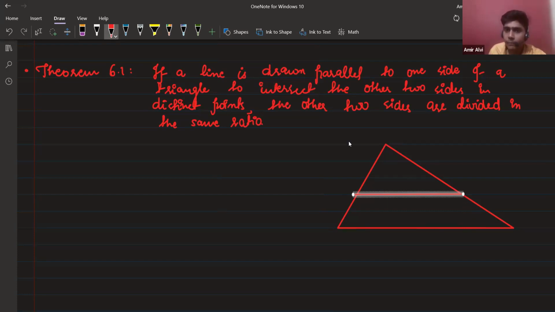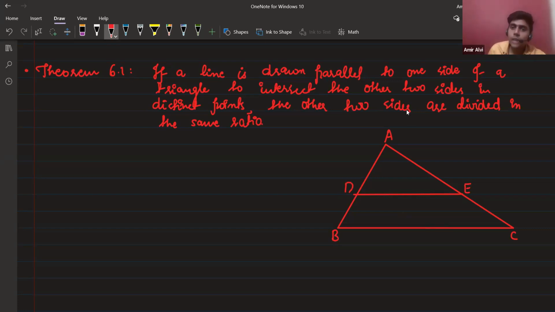Intersecting means meeting. Suppose this is A, B, and this is C, and I write the points of intersection as D and E.